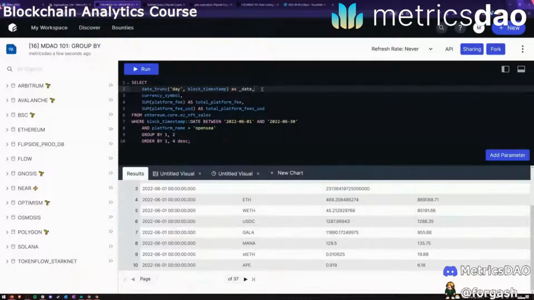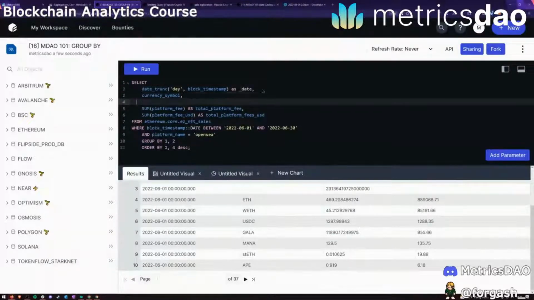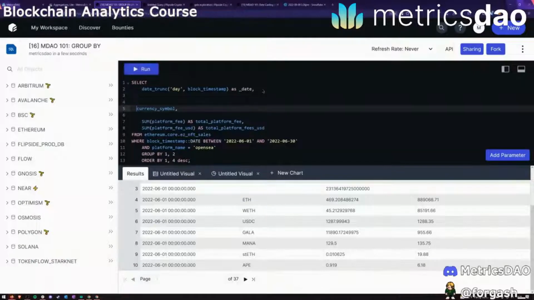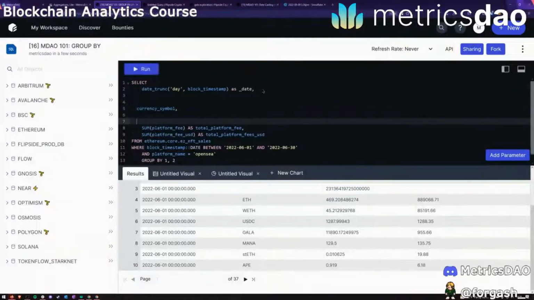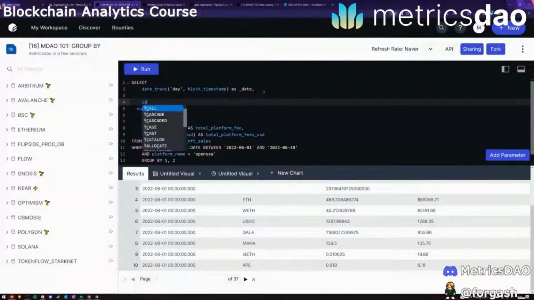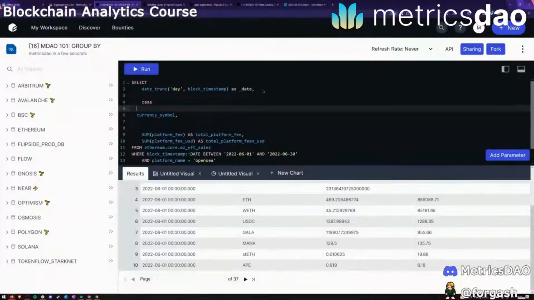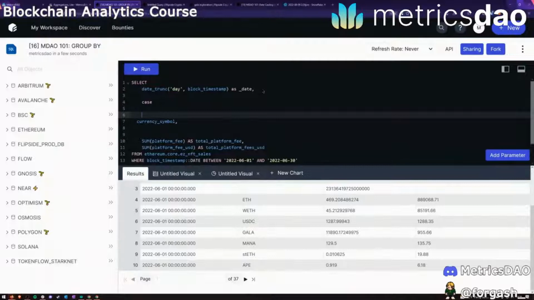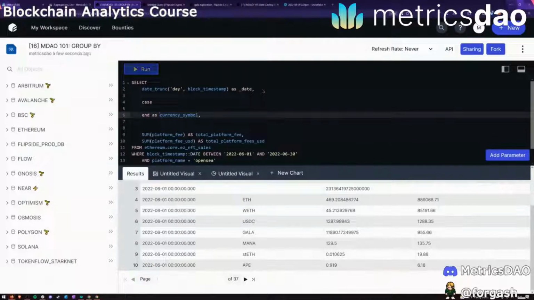So what we can do with a case statement is add some conditional logic within our select. We're going to be operating on currency symbol here, and we're basically going to be replacing currency symbol with some conditional logic. So the syntax is you start with case, and then you end with end, and you alias it as, let's just keep it as currency symbol.